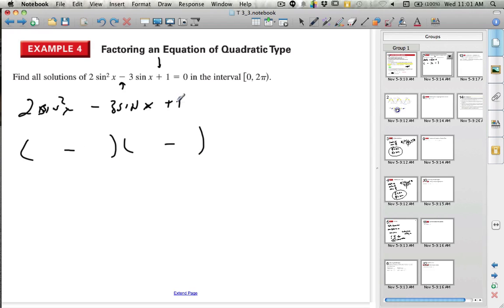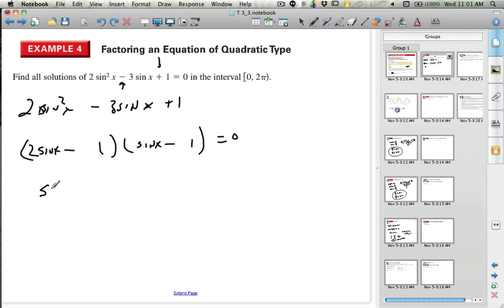Minus, minus. I know the factors of 1 are 1 and 1, so I don't have to think about that. And I know I'll have a sine of x here and a sine of x here. And I'm looking for the products of the factors of 2 and 1 that will add up to be 3. Well, 2 times 1 is 2, 1 times 1 is 1, 2 plus 1 is 3. So it factors really easily to be this.